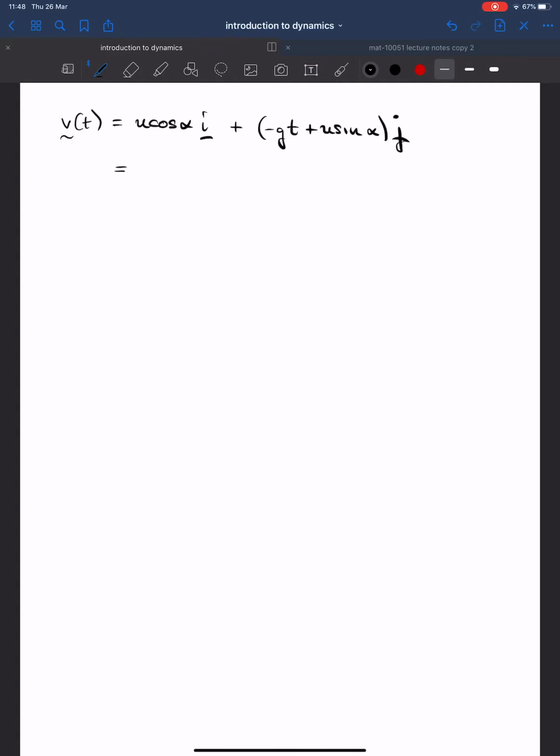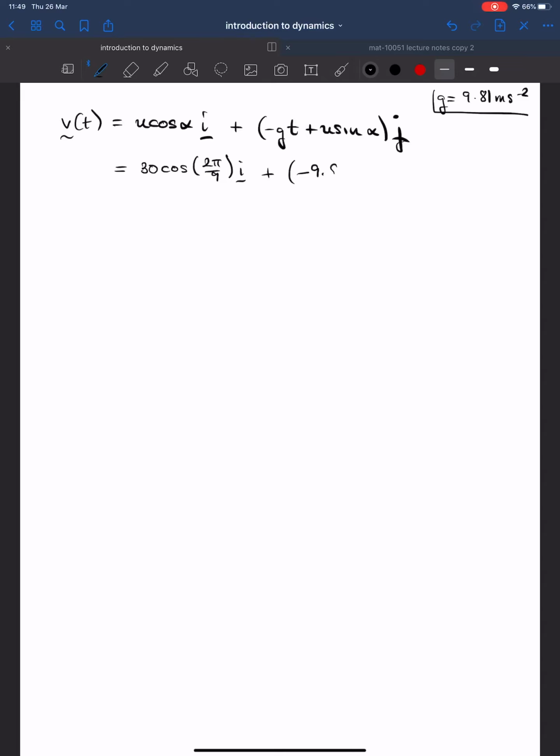Our alpha, I'll just plug in the values. So we have 30 cos, now I'm going to put 2 pi over 9, plus. Now, what about g? Well, g is 9.81, our acceleration due to gravity.